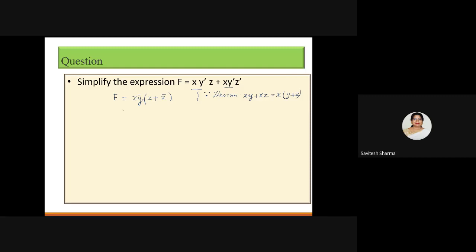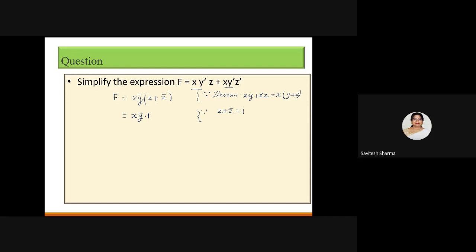Next, you are again simplifying that z plus z bar. Again, you are applying the theorem: z plus z bar is equal to 1. Again you will write it here. You need to write every time. Whenever you get a problem like this in the exam, please don't forget to write the explanation of how you are removing this term.